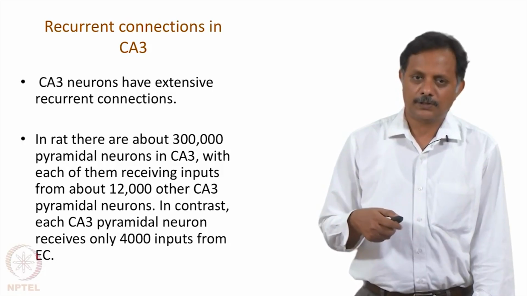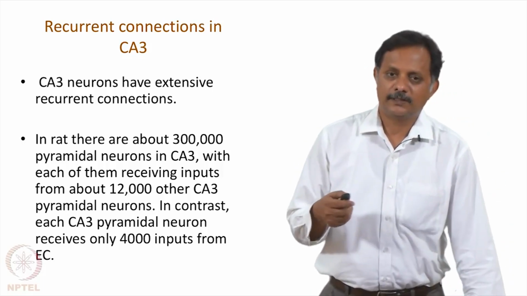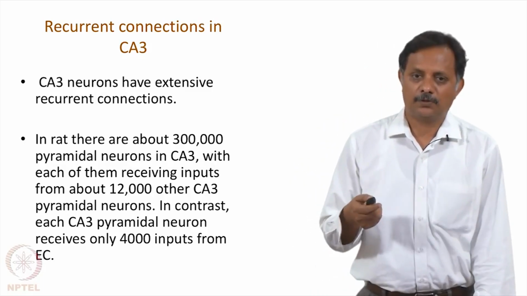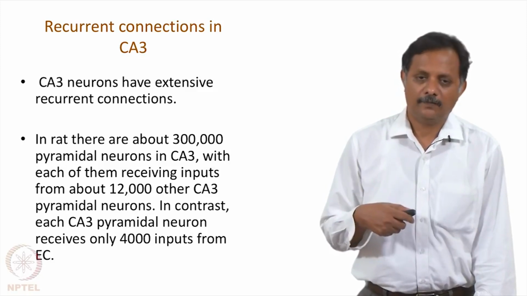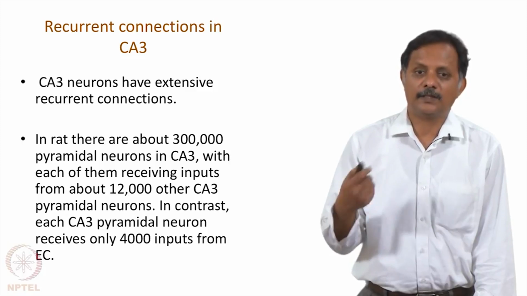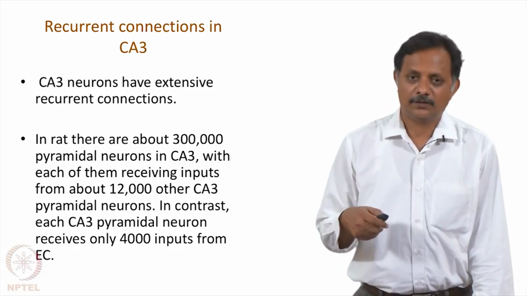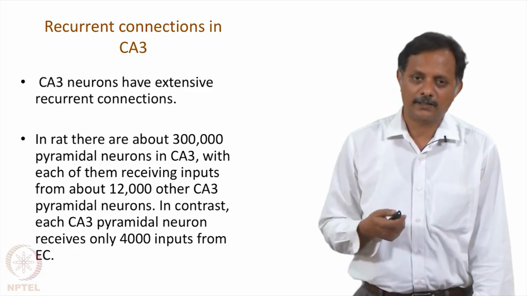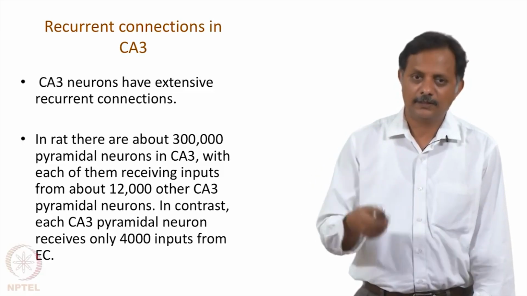Whereas, if you look at the inputs from the EC to CA3, each of the CA3 pyramidal neurons receives inputs only from about 4,000 EC sources, whereas each of the CA3 pyramidal neurons receives input from about 12,000 other CA3 pyramidal neurons. That means the number of connections within the CA3 is a lot more than the number of connections from outside CA3, that is from EC to CA3.